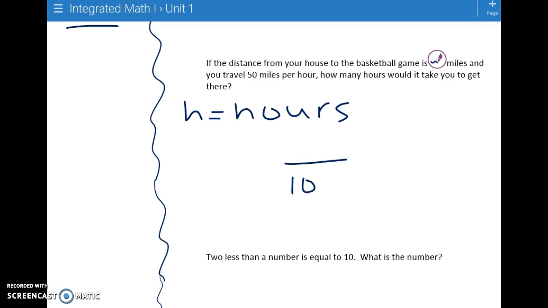So 110 miles away. And we know that we travel 50 miles every hour or per hour. That's why I did 50 times H equals 110. So to solve this, we would divide 110 by 50.